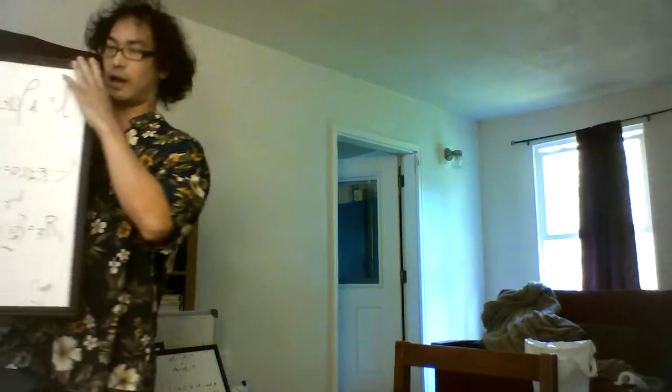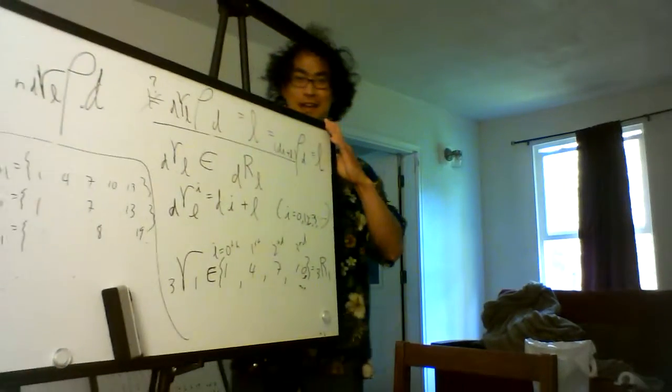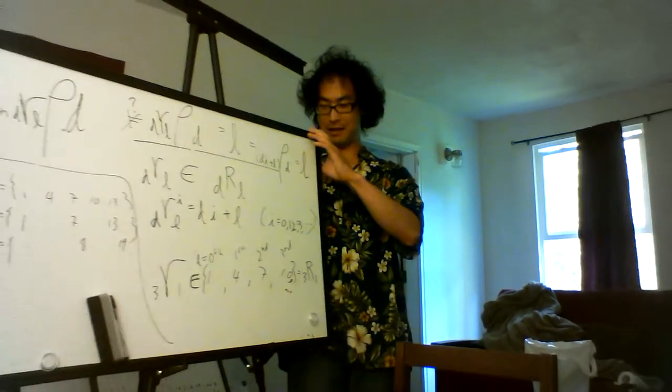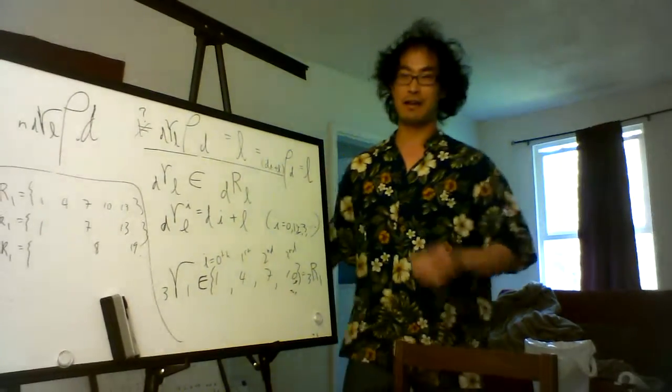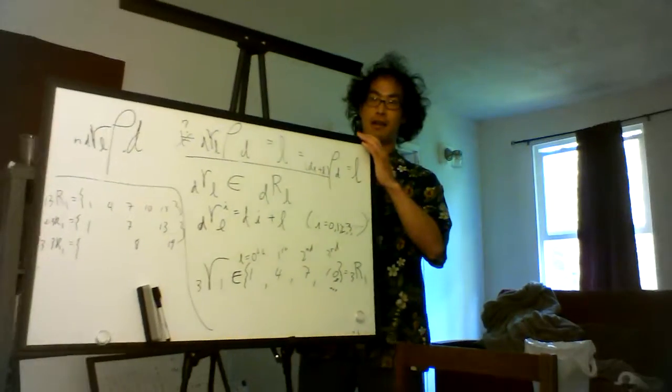Why is there periodicity in the Euclid's triangle? Okay. How about that?